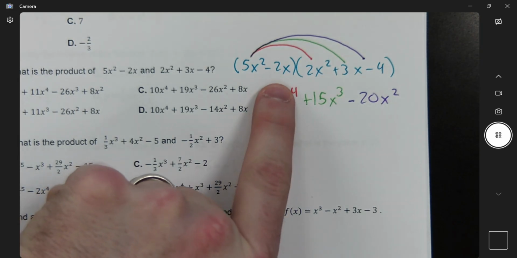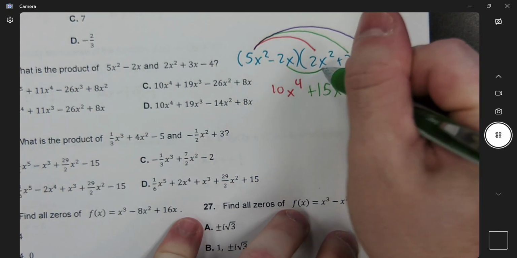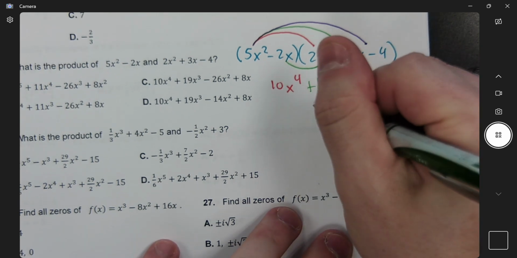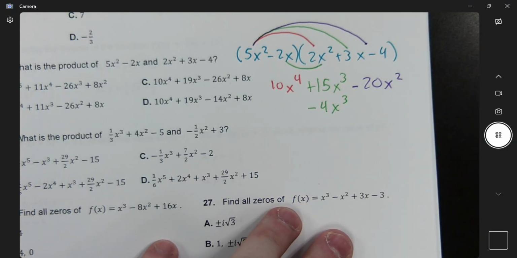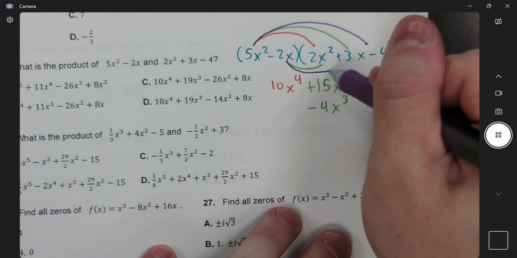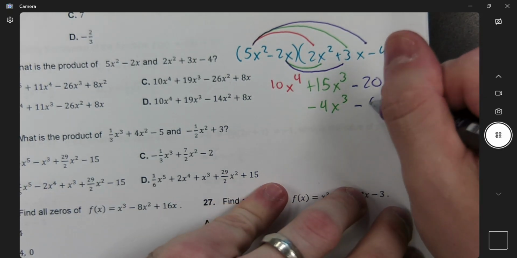Now the -2 times 2x squared. -2 times 2 is -4. X times x squared is x to the 3rd. -4x to the 3rd. Alrighty. And then we have -2x times +3x is going to be -6x squared.